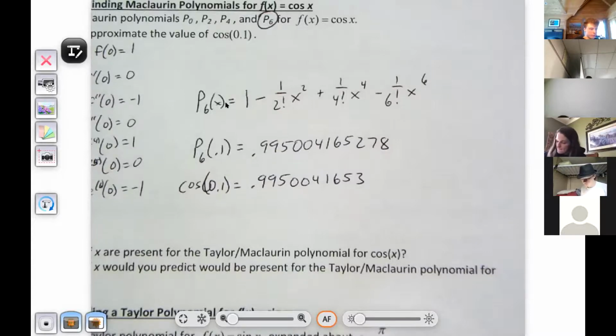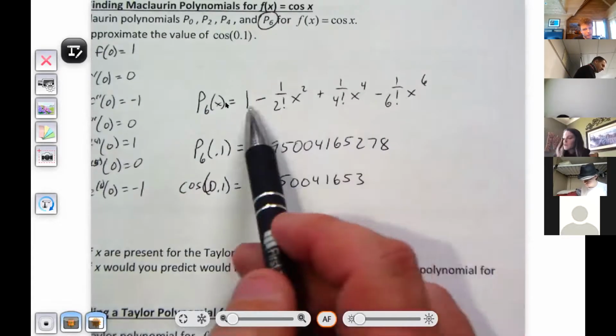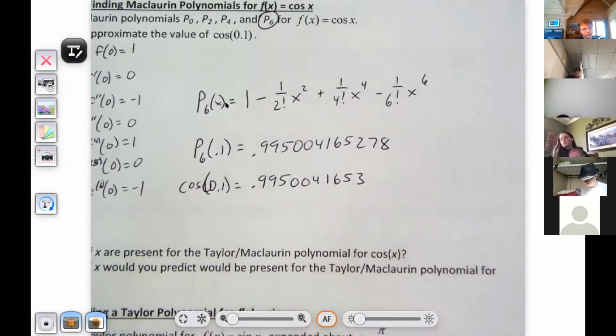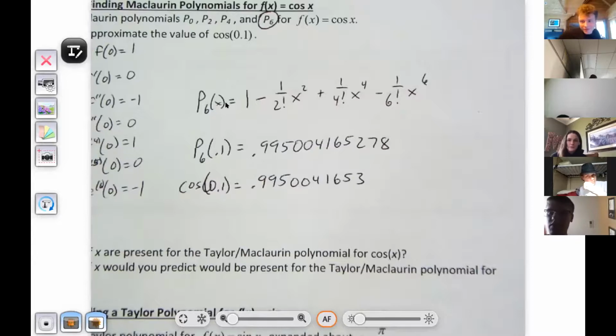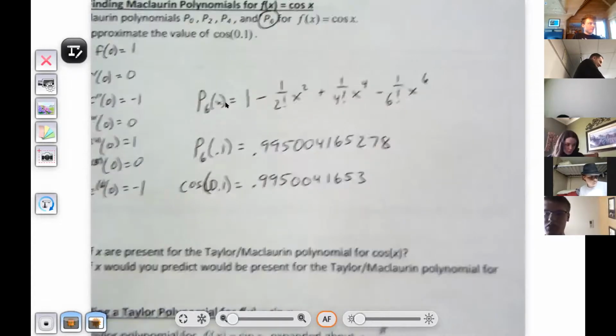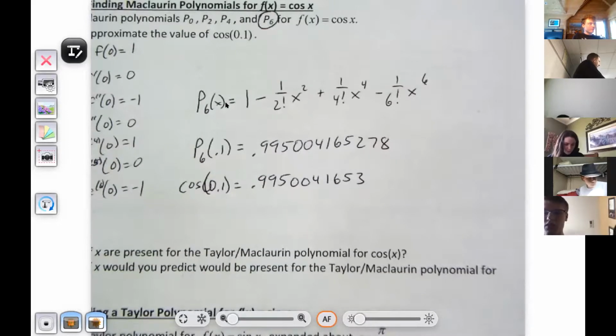Look at that. Isn't that crazy? We have cosine, some trig, transcendental function, and here we just have some simplistic 4-term polynomial. Look how similar those are. Holy smokes. Thank you, Maclaurin and Taylor. We'll have to look up their pictures in a second. I don't know which came first.